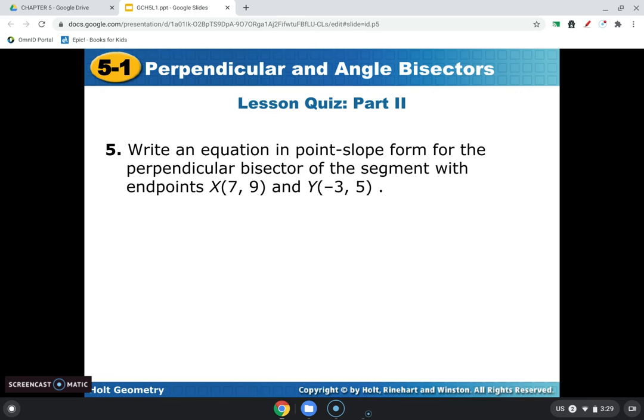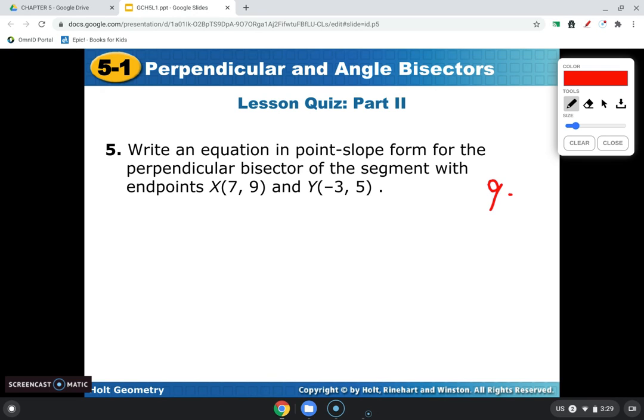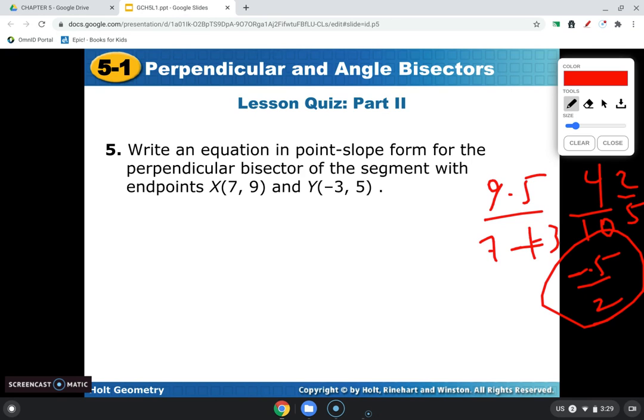Let's try that again. Point-slope form, perpendicular bisector. Here we go. Find the slope first. 9 minus 5 over 7 minus -3, which becomes plus, 4 over 10 is 2/5. Opposite reciprocal, -5 halves. Okay?